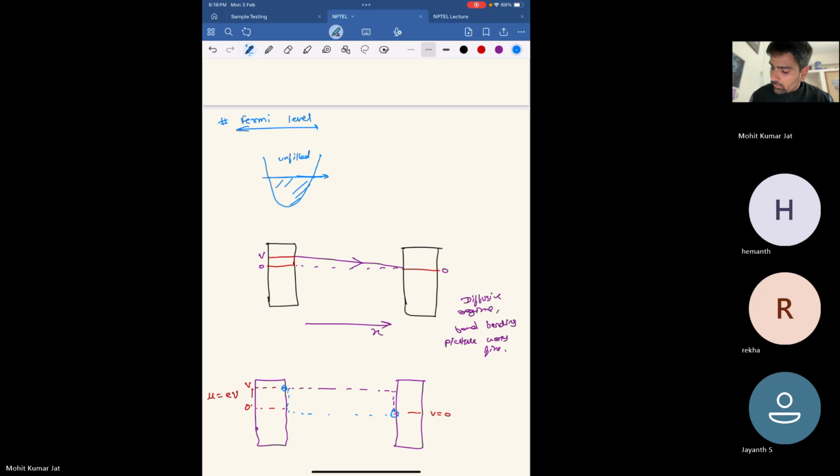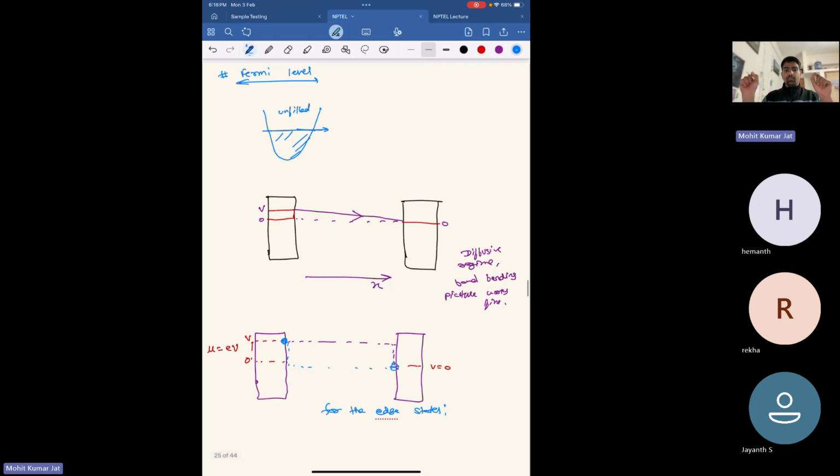So the potential loss is not throughout in the bulk, it is only happening for the edge states. This is for the edge states. Single channel, ballistic channel. There is no collision between the electrons, nothing. There is a single channel which goes like a bullet. That's why it is called ballistic transport.